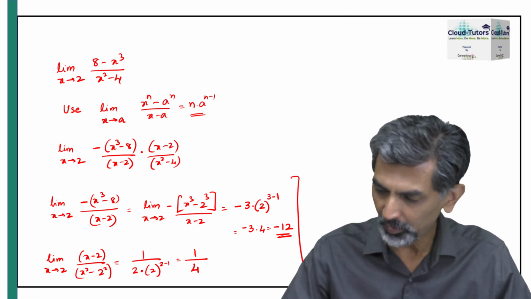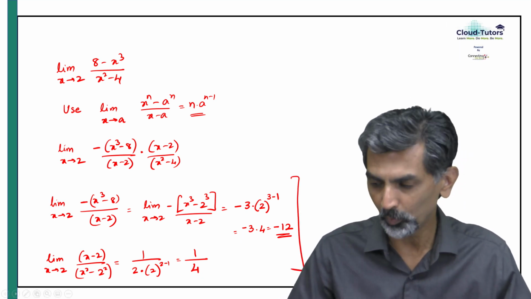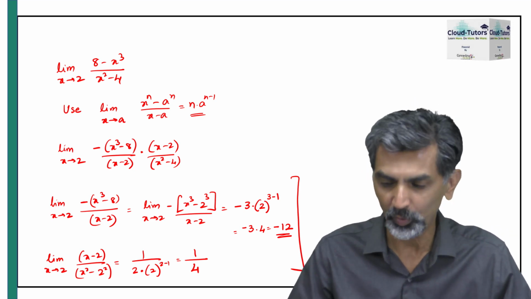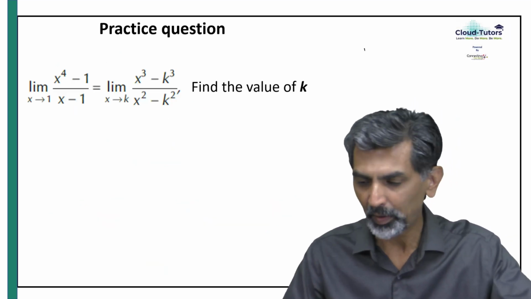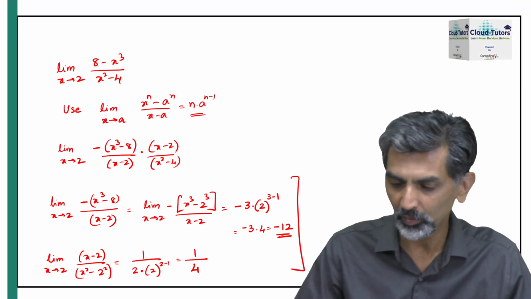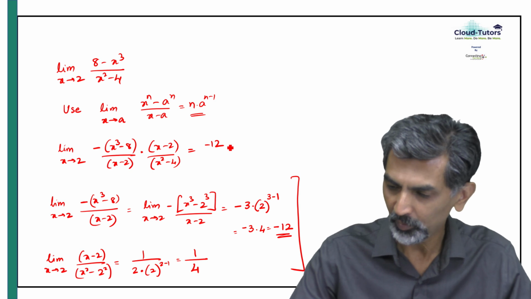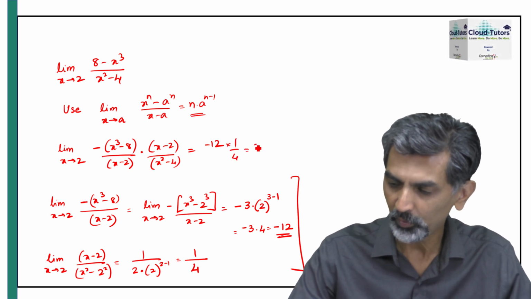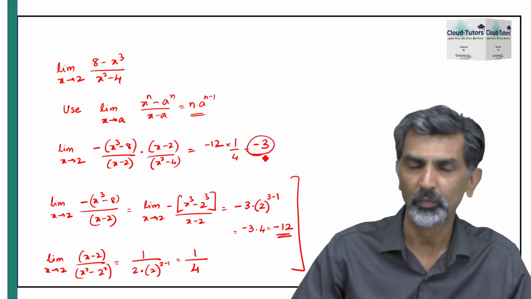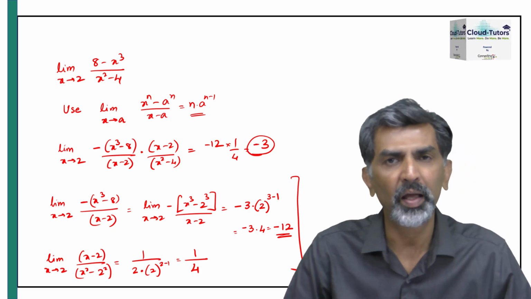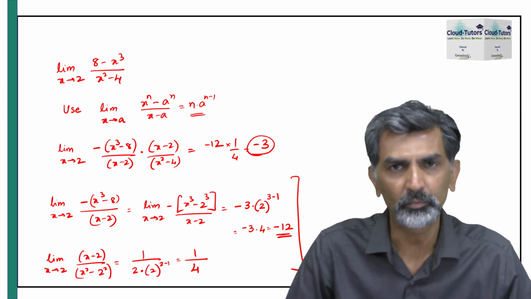And when you multiply negative 12 by 1 by 4 to get the final limit, you will end up with negative 3. So the limit of this entire expression becomes minus 12 multiplied by 1 by 4, which is exactly what we got by applying different values of x earlier.